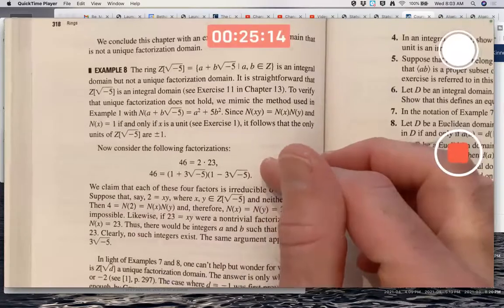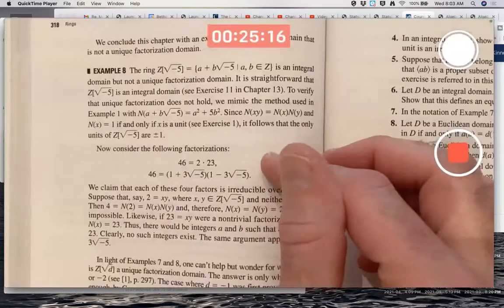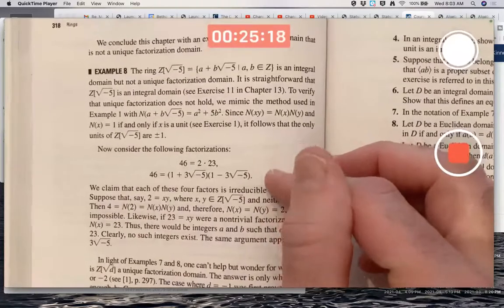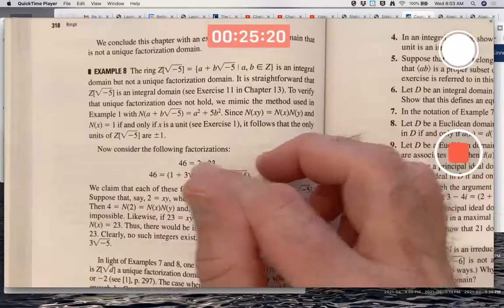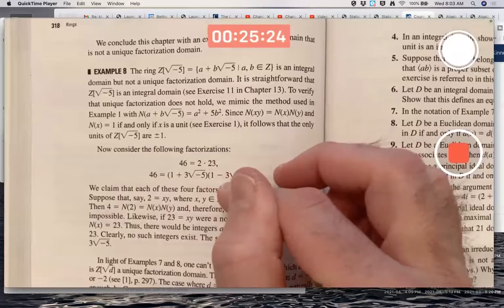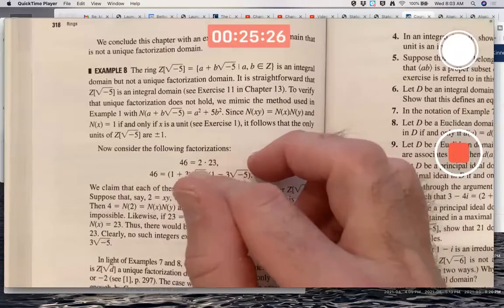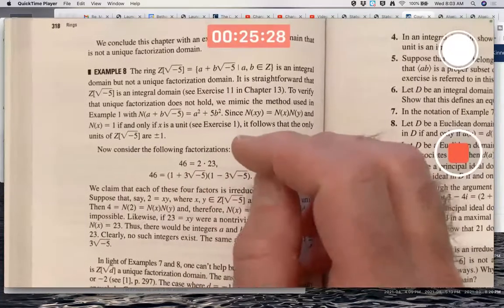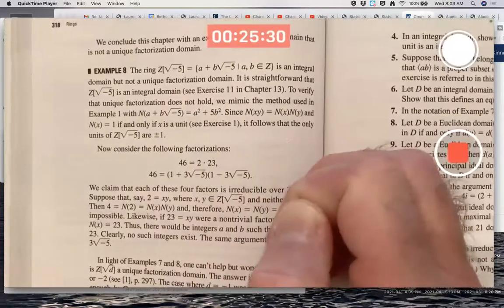So the claim is that this would be two factorizations of 46 in particular, 2 times 23 and this times this. And evidently these things, 2 and 23 in this, none of these are associates with each other.